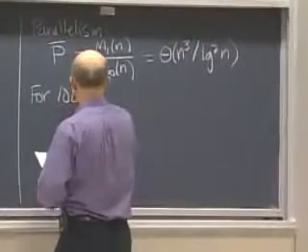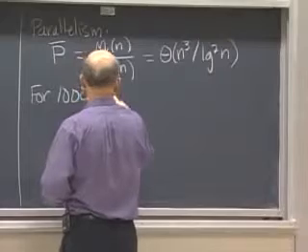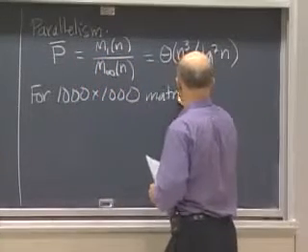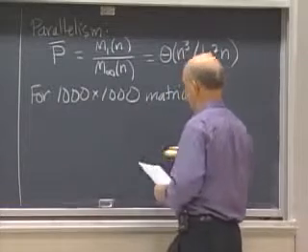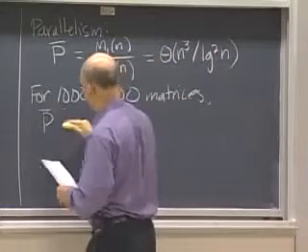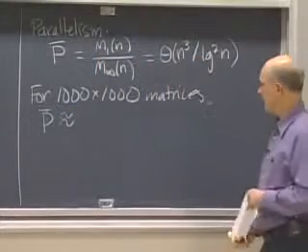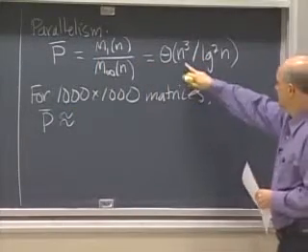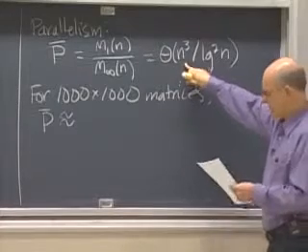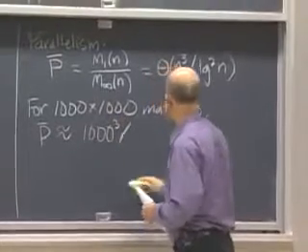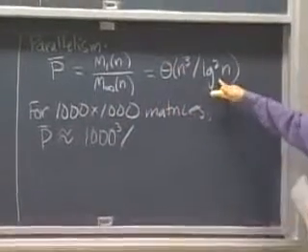So let's just look at this just to get a sense of what's going on here. Let's imagine that the constants are irrelevant, and we have, say, 1,000 by 1,000 matrices. Okay, so in that case, our parallelism is 1,000 cubed divided by log of 1,000 squared.